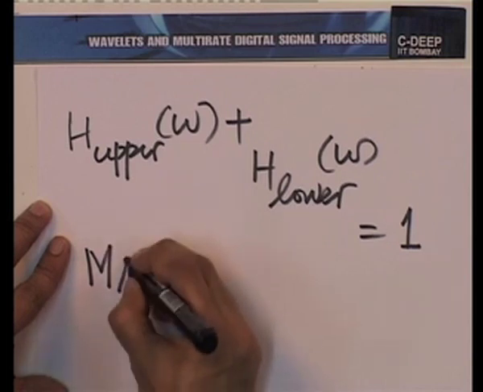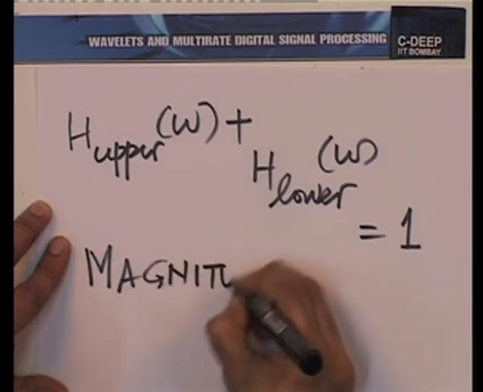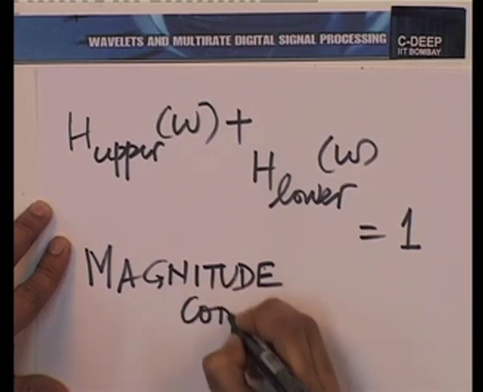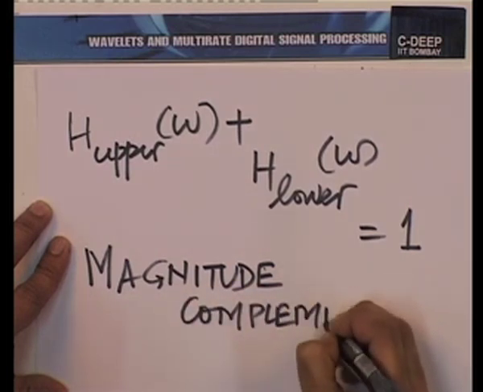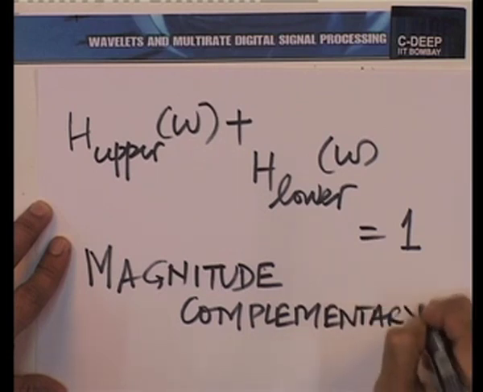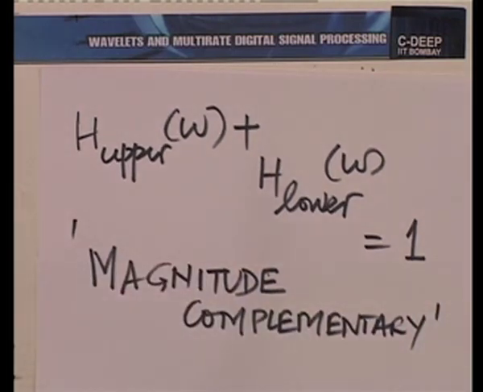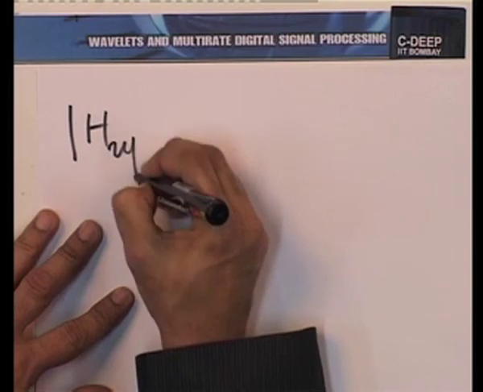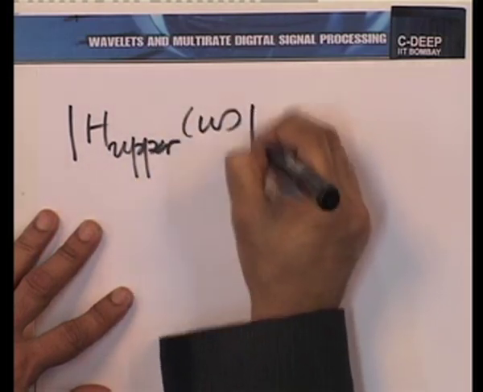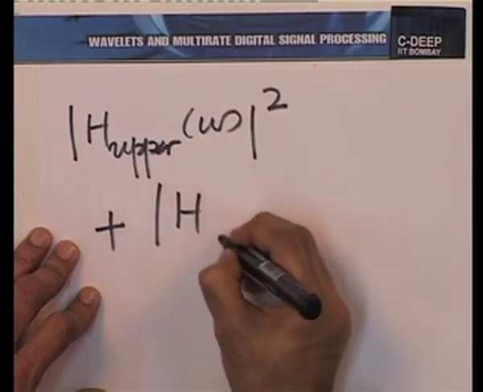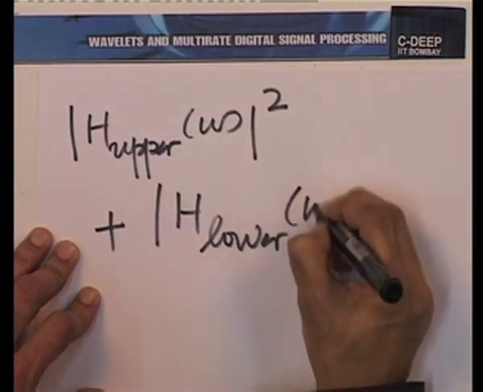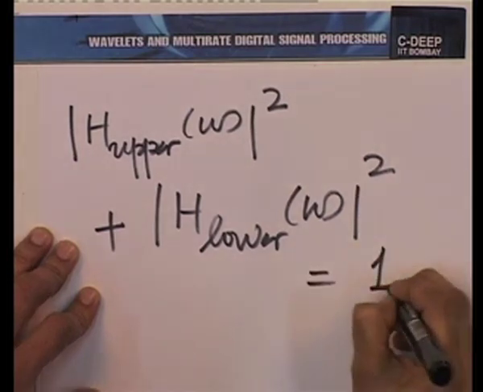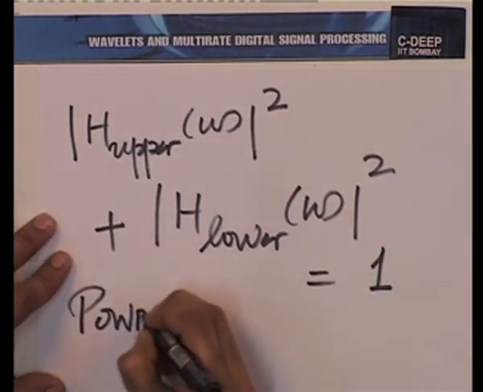This is called the magnitude complementary property. And in addition, mod H upper omega squared plus mod H lower omega squared is identically equal to 1. This is called the power complementary property.